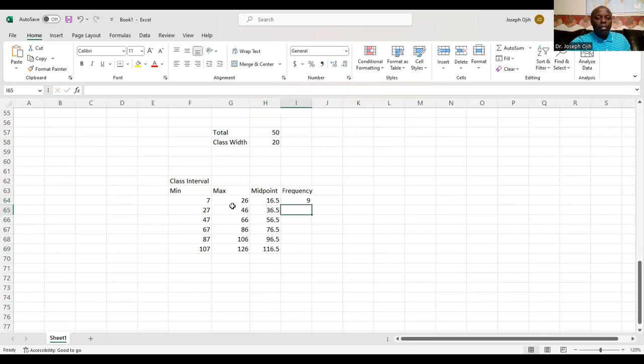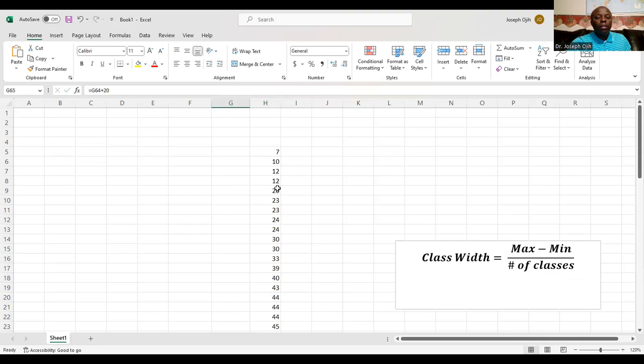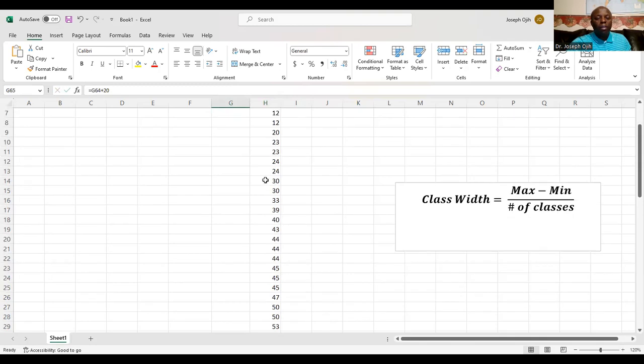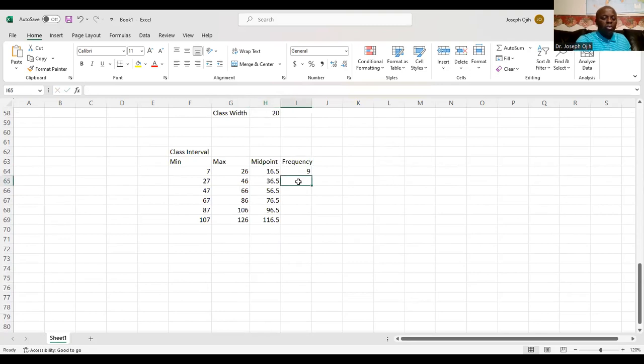How many numbers are between 27 and 46? Okay, 27, we have 1, 2, 3, 4, 5, 6, 7, 8, 9, 10, 11, 12. 12 of them, so you put 12. Nadira, you see there?